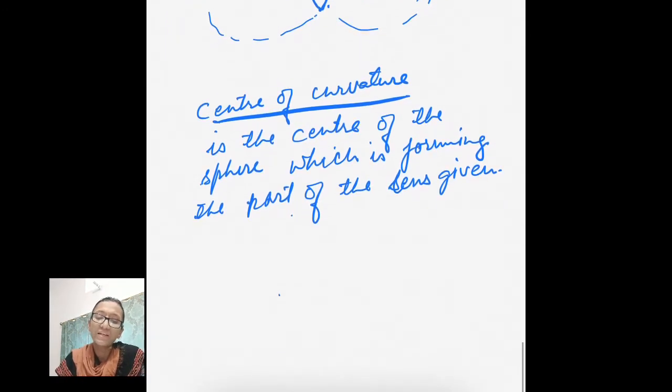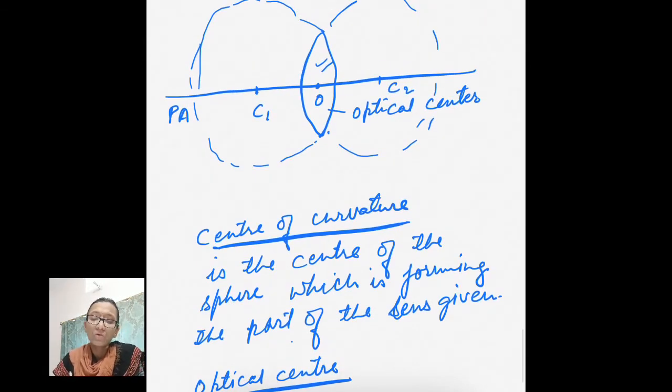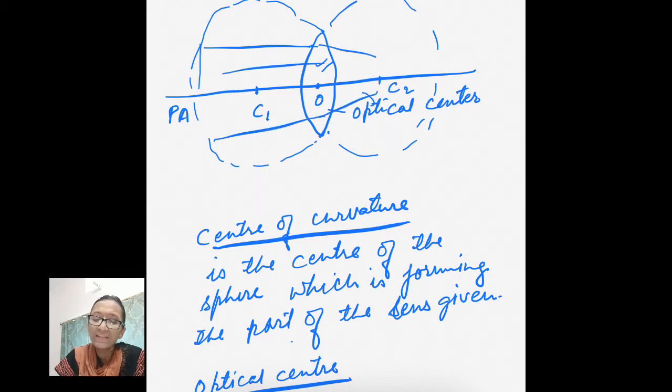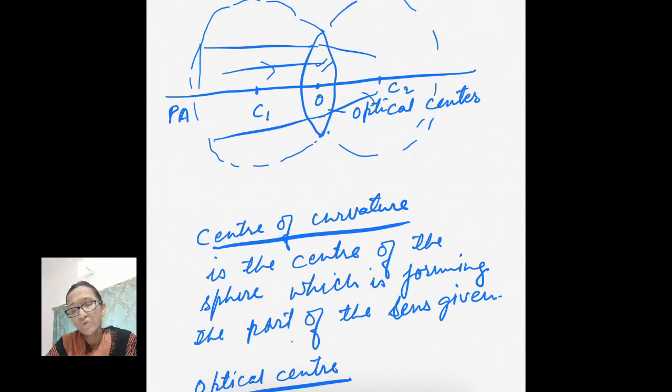Now the next point is optical center. When you throw light on this lens at all the points, you will find that the ray is bending towards the principal axis. If you throw light from a laser torch, you will find that it is bending towards a central line. But if you throw a light through this central point, which I am calling optical center, the ray passes undeviated. It does not bend.